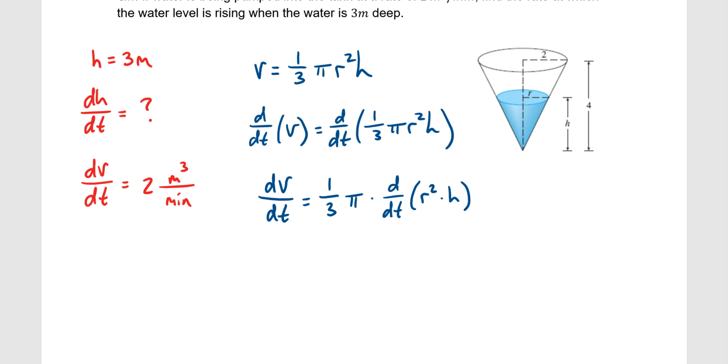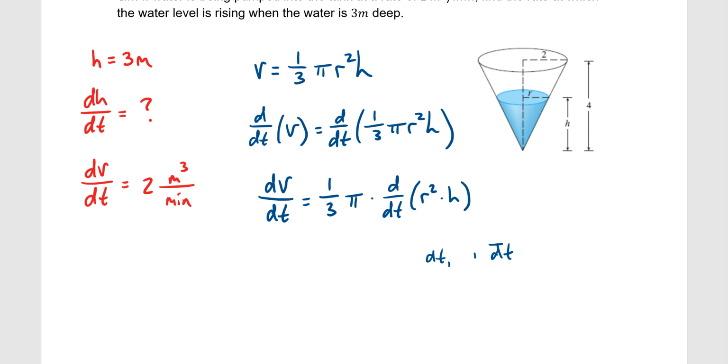This is where we get a slight issue, because notice that we would need the product rule here. If you went ahead and did this, you would get several things: an r, a dr/dt, an h, and a dh/dt. The issue is that we wouldn't know two of those things.